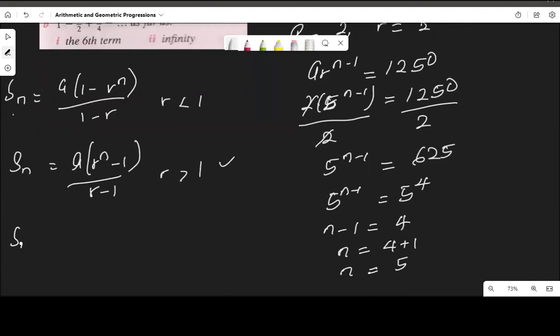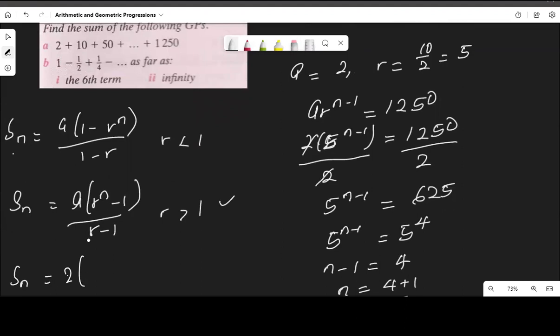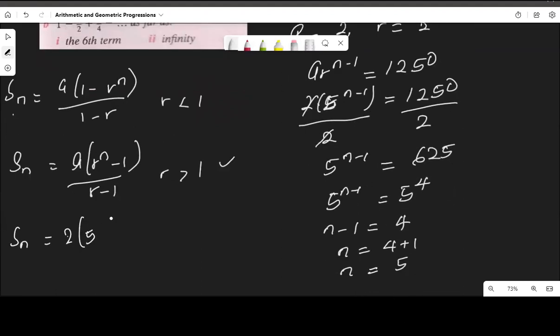So Sn for this sequence will be A. What is A? A is 2, multiplied by R is 5, to the power of n. N is 5. 5 to the power of 5, then minus 1, all over R again, R is 5, minus 1.